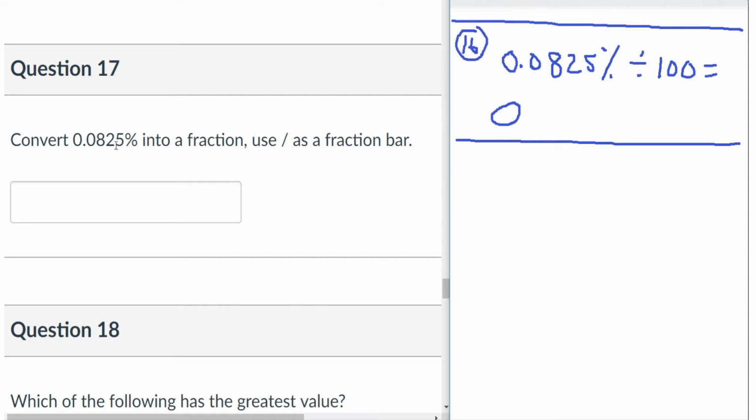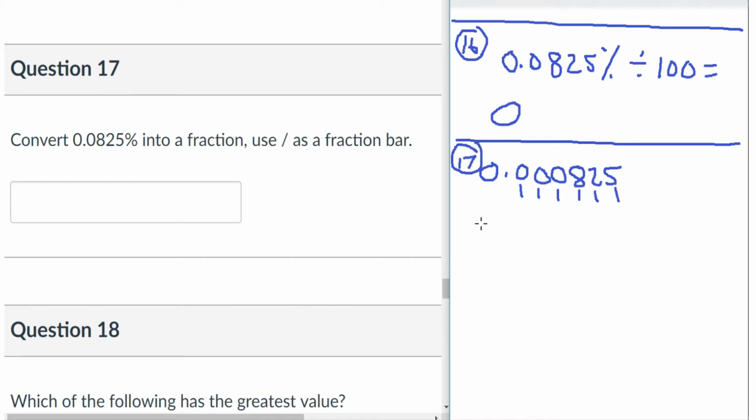So we need to change that same decimal into a fraction. So remember, when you're in a percentage, you always have to divide by 100 first. So once you take that percentage and divide it by 100, you get 0.000825. So here we have the tens, hundreds, thousands, 10,000, 100,000s, millions.